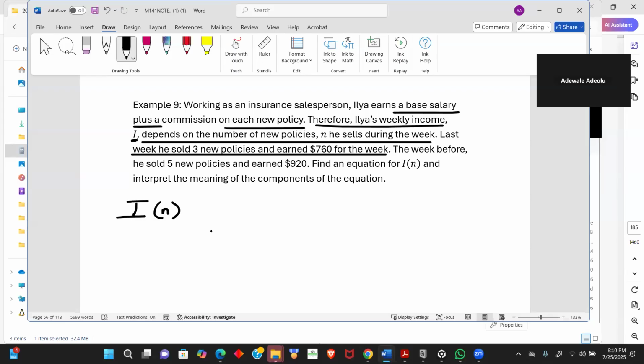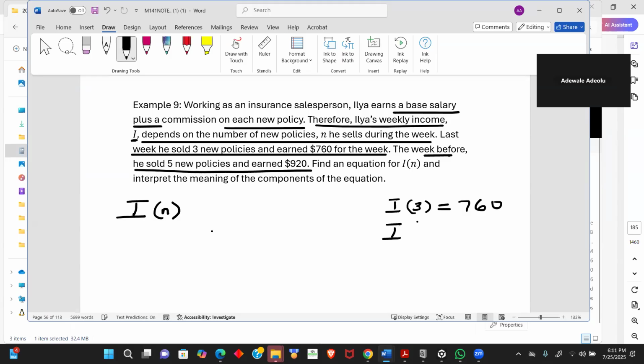Can I write it this way? Income, which depends on 3 new policies, equals 760. Is that true? Last week, she sold 3 new policies and earned 760 for the week. The week before, she sold 5 new policies and earned 920.